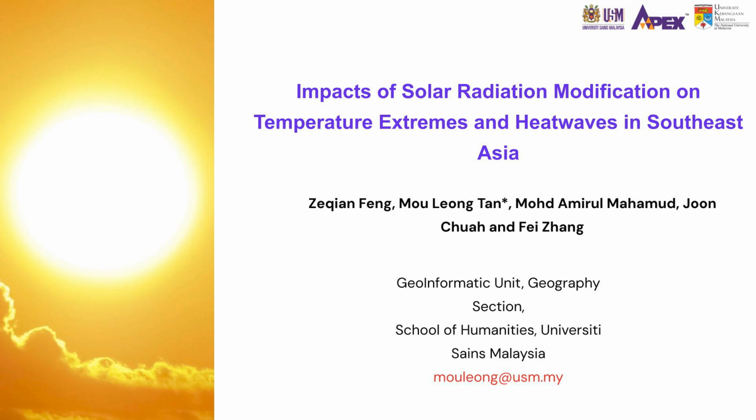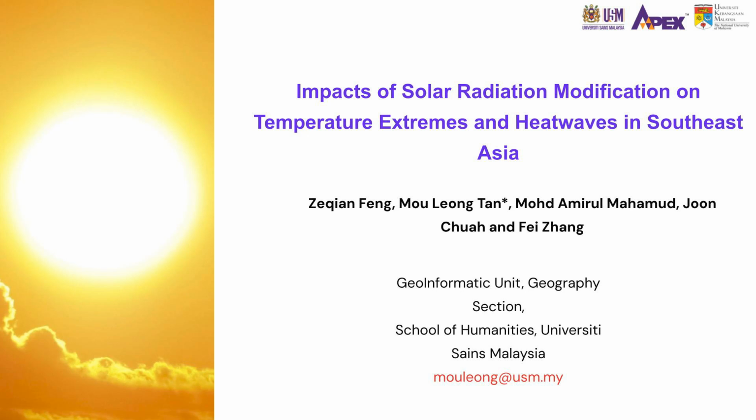This is just some findings from our study. This is the temporal variability of the hottest day in Southeast Asia. There are 2 main findings from our result. For example, in the R18 to R20 region, which is the continental mainland of Southeast Asia, the hottest day is reduced by an additional 0.5 to 1 Celsius as compared to G6 solar.